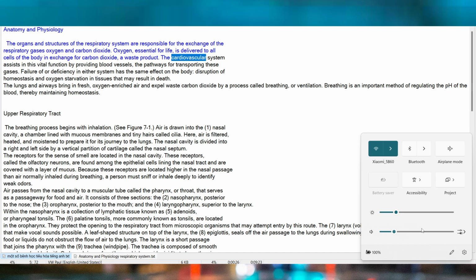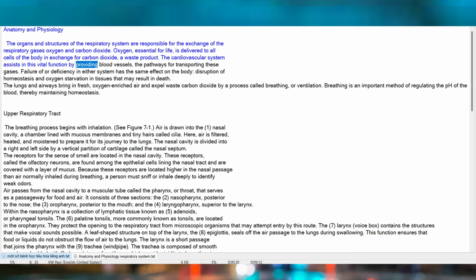The cardiovascular system assists in this vital function by providing blood vessels, the pathways for transporting these gases. Failure of or deficiency in either system has the same effect on the body: disruption of homeostasis and oxygen starvation in tissues that may result in death.